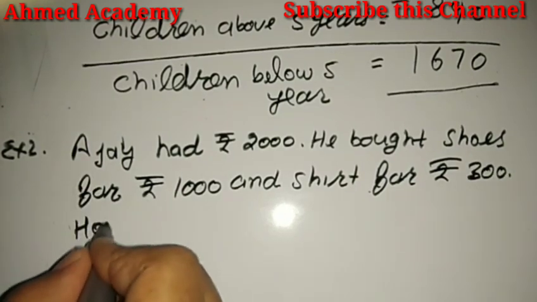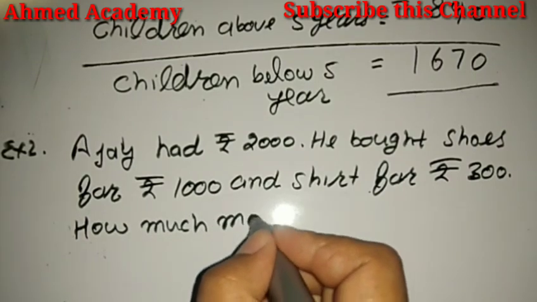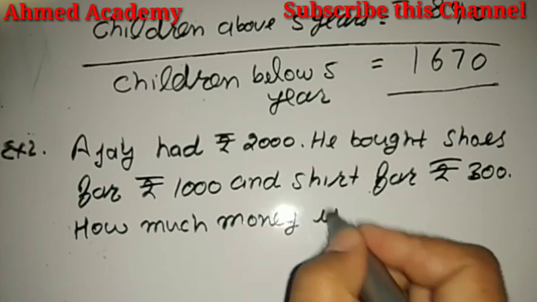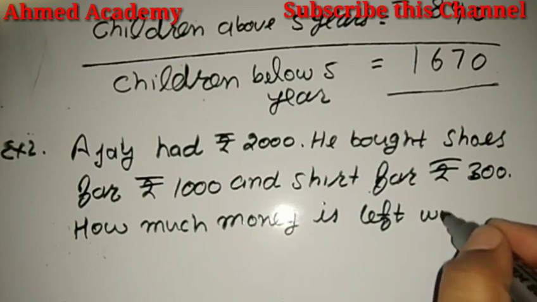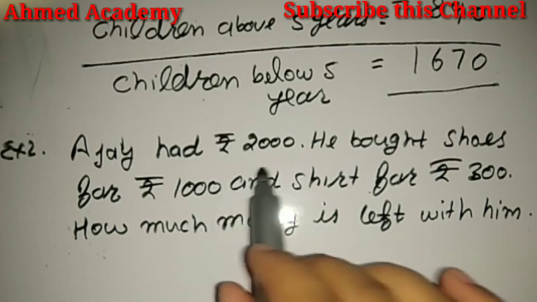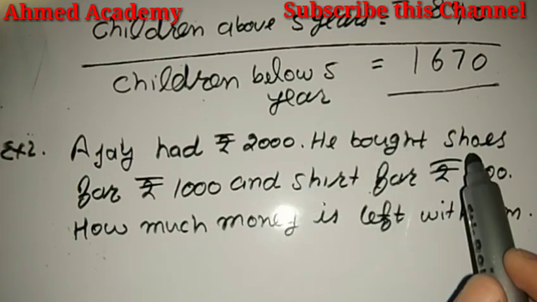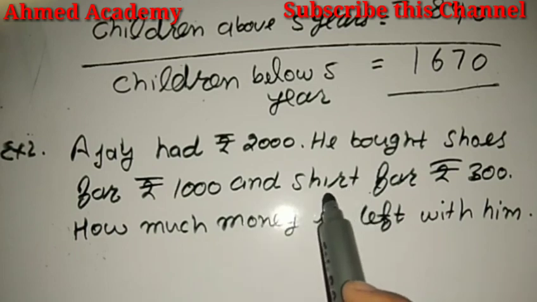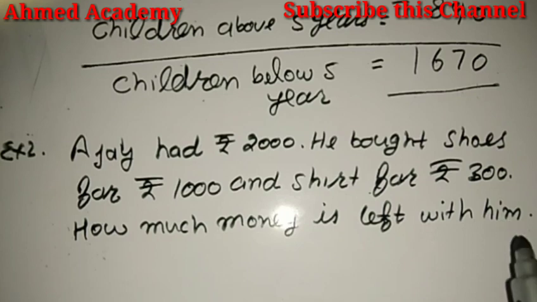How much money is left with him? So first of all, read the statement carefully and understand it. Ajay had total 2000 rupees, out of which he bought shoes for 1000 and a shirt for 300.